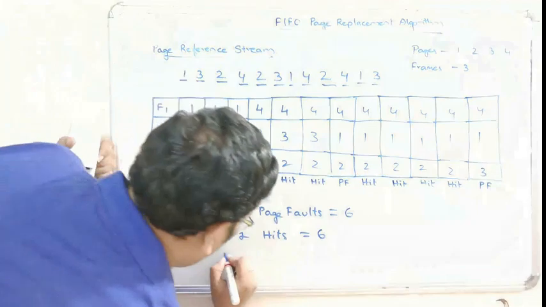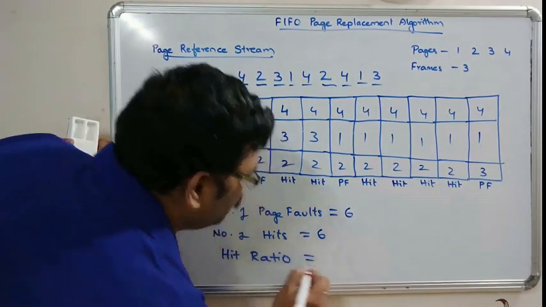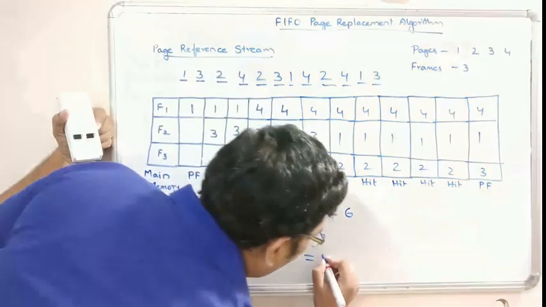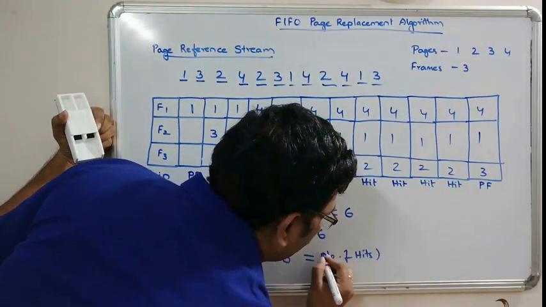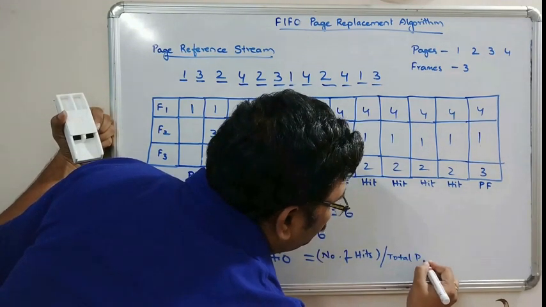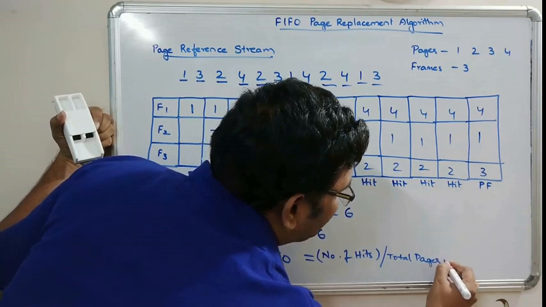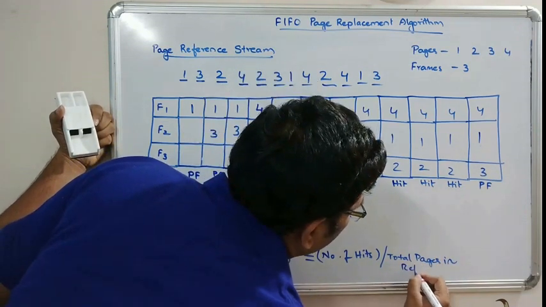Right? And the hit ratio is equal to the number of hits divided by the total pages in the reference string.